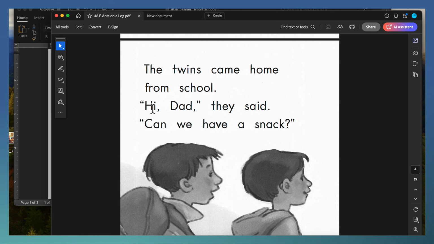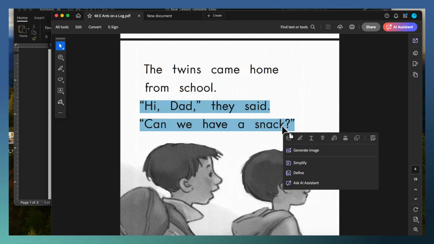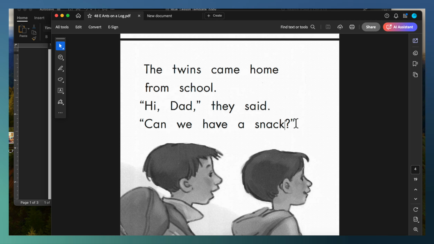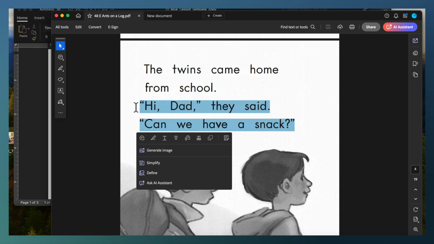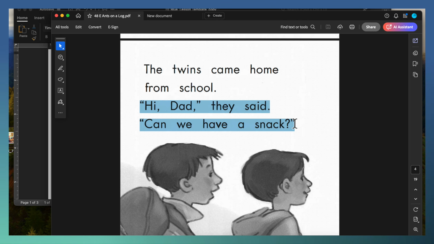Okay, so I think this first page very quickly shows us that there's going to be some dialogue in this. Great. That's going to entail some learning opportunities that we can explore.